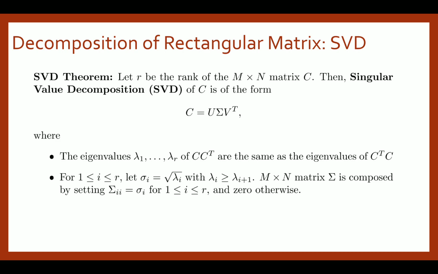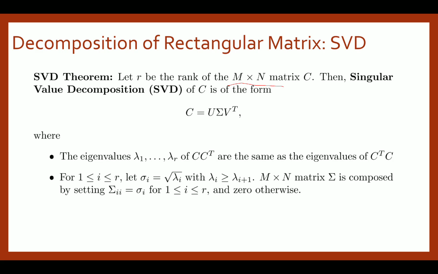If you remember, our term context matrix or term document matrix is often a rectangular matrix. So let r be the rank of the m cross n matrix C. By rank we mean the number of linearly independent rows or columns in the matrix C.